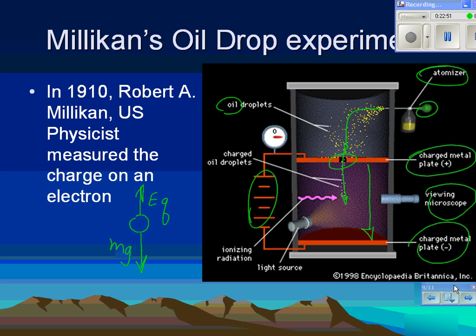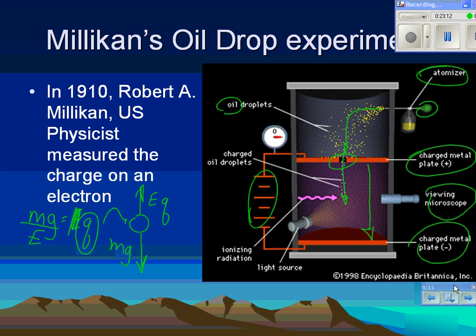Make sense so far? So you can say that the gravitational force is equal to the electrical force. He knows the strength of the electrical field because you can figure that out with distance and voltage and things like that. And so by taking this equation, he was able to calculate the charge on the oil drop.